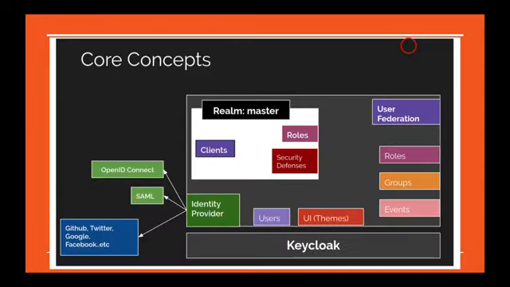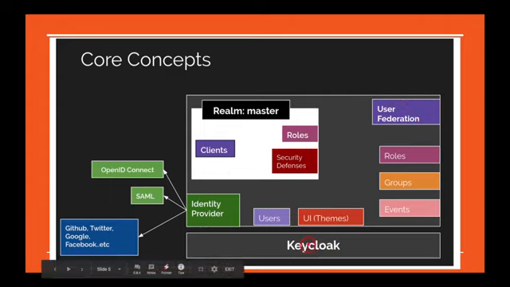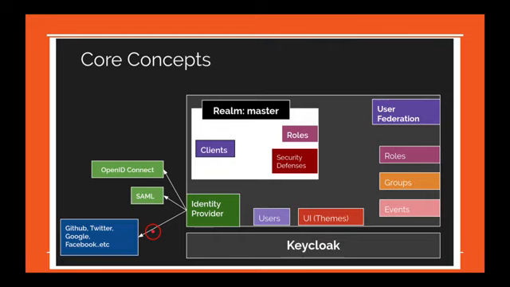Coming to this diagram, these are the core concepts of Keycloak. If you want to work with Keycloak, you should be aware of these core concepts. We have Keycloak here, and on top of that we have the identity provider, which provides OpenID Connect, SAML, OAuth and social login, right?